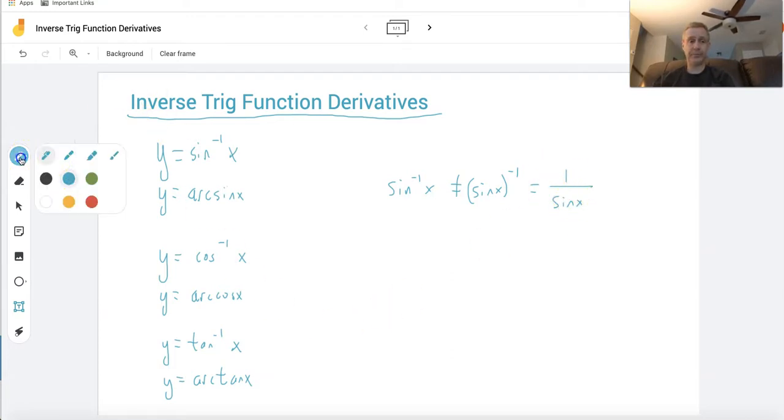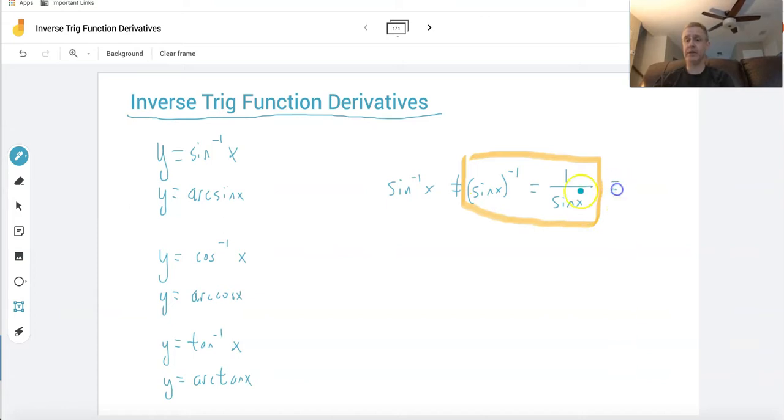While these two expressions here are definitely equal to each other, they're not equal to the inverse of the sine function, right? Because 1 over the sine of x, we technically know is equivalent to the cosecant function, and that's its own separate function. So be mindful that if you see a -1 after any one of your trig functions here, this represents the inverse of that respective trig function.